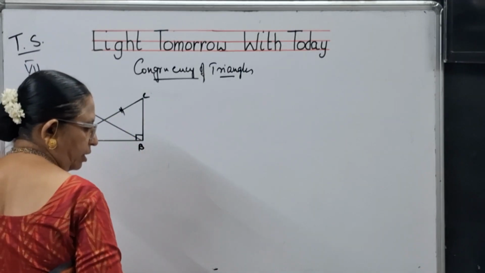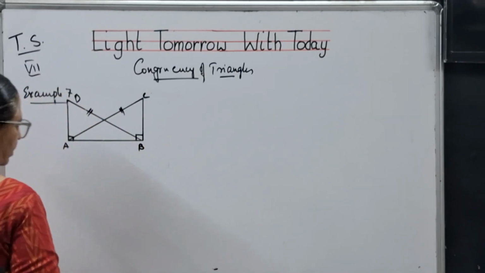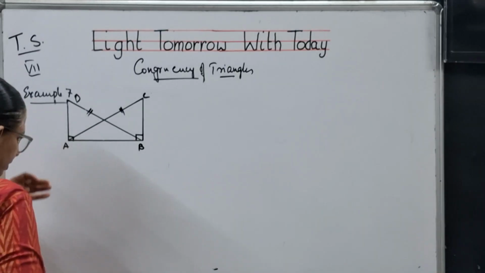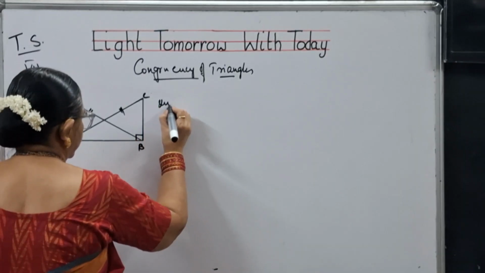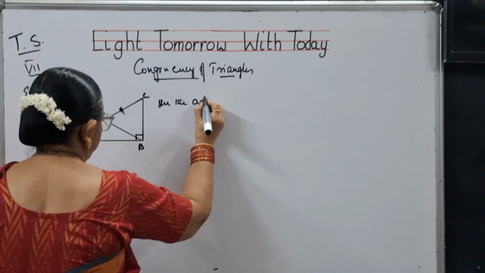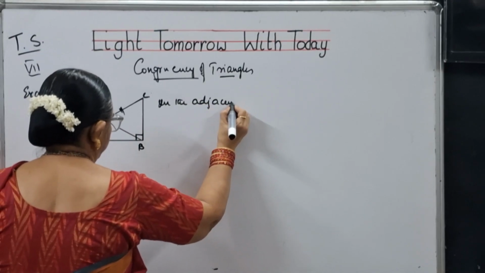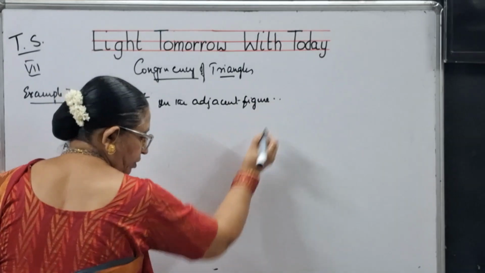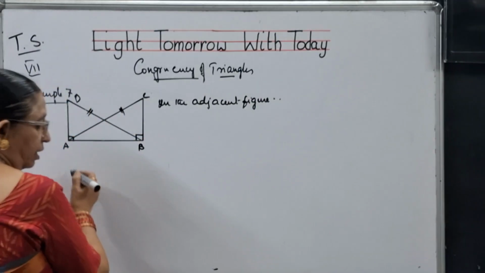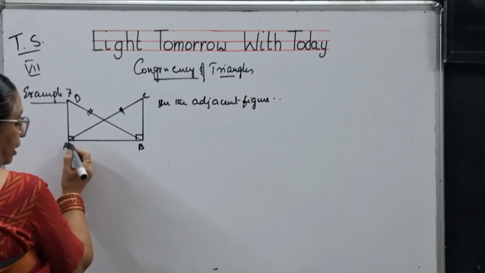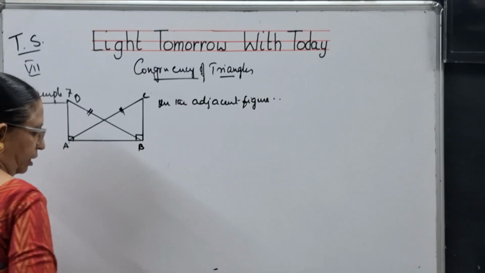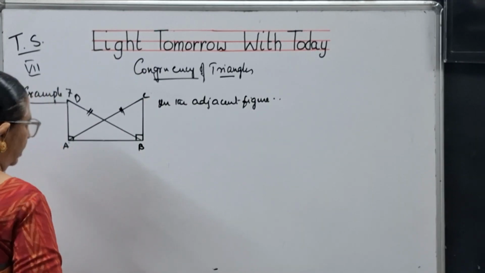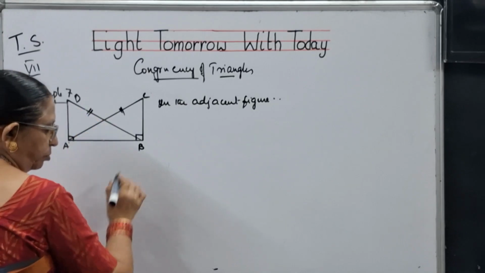These two are equal. So what is it that they have given? In the adjacent figure, they have given some measures, that is CD, DA, this is DA, is perpendicular to AB, and CB is perpendicular to AB, and AC is equal to BD.